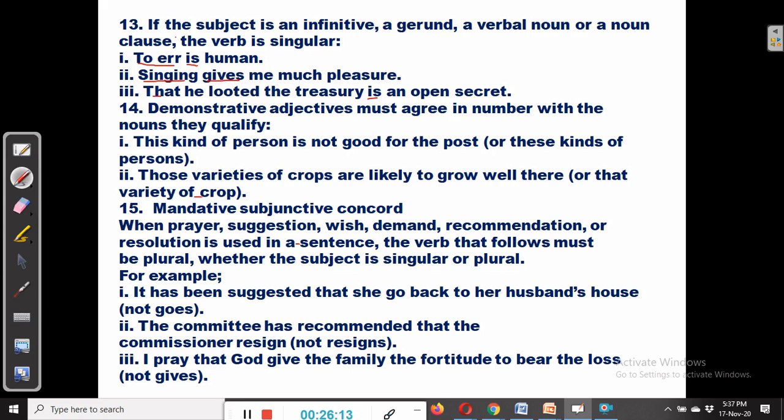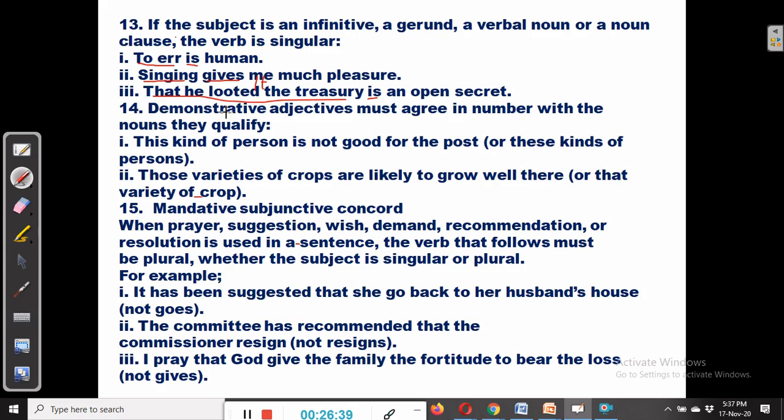So if we look at "that he looted the treasury", we can replace it with the pronoun "it", and we say it is an open secret. What is an open secret? The fact that he looted the treasury. So such expressions, when they form the subject, will always take a singular verb.